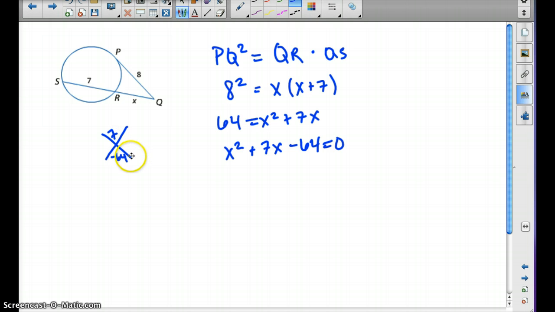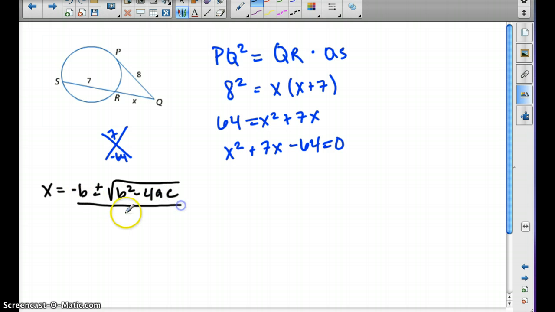Is there any value that when you multiply, you get negative 64, and when you add them together, you get positive 7? Nope. So we're going to have to use the quadratic formula, which is x equals negative b plus or minus the square root of b squared minus 4ac all over 2a. If you don't have this memorized now, you're going to memorize it in Algebra 2. Trust me, you're going to use it a lot.